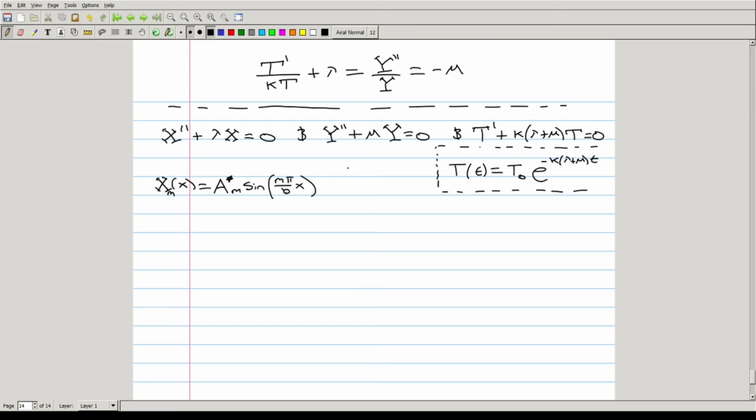And likewise, you can go through and show that the only non-trivial solutions for Y, the solution is Y n of y equal to some constant A cross n sine of n pi over c times y.